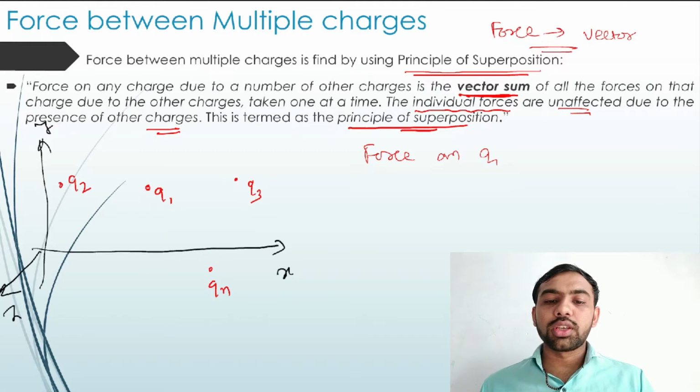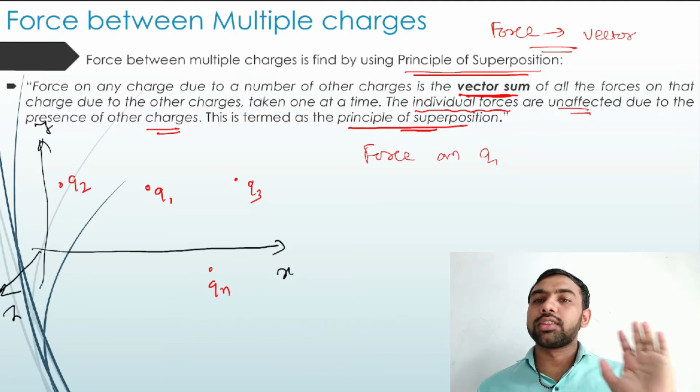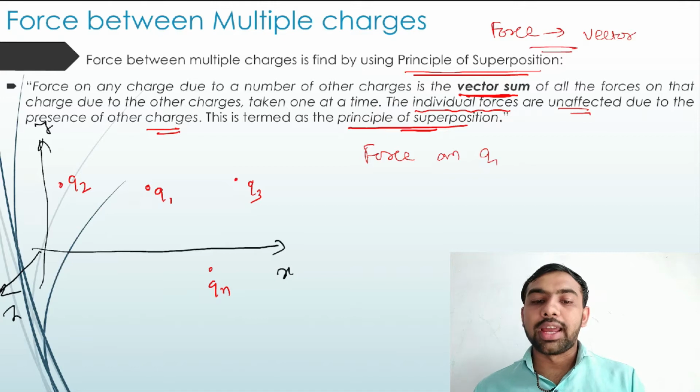What is the position vector of q1? Suppose it is r1. The position vector of q2 is supposed to be r2, the position vector of q3 is r3, and similarly for qn, that is rn.